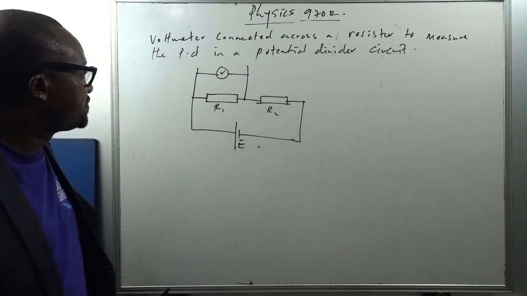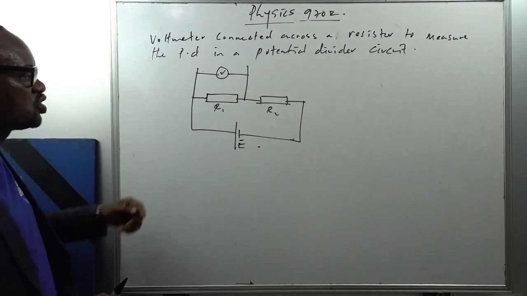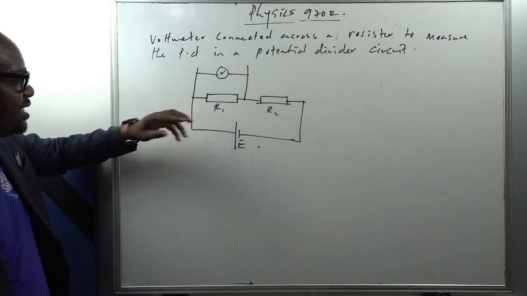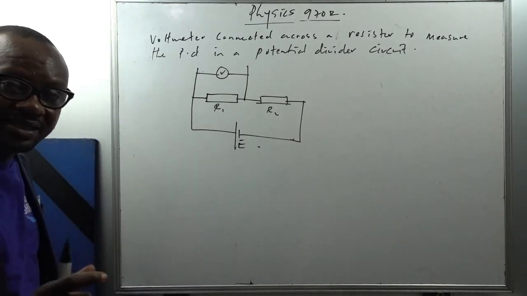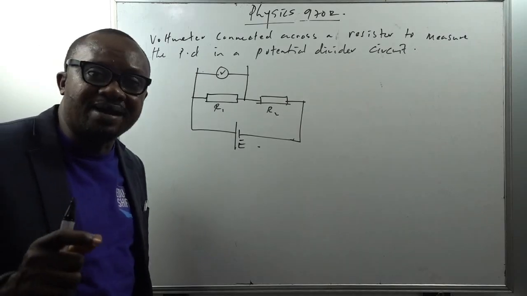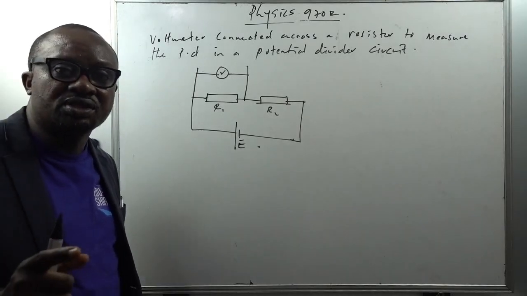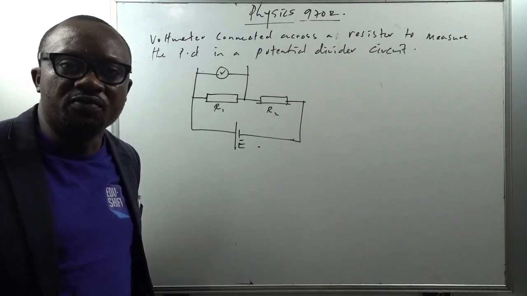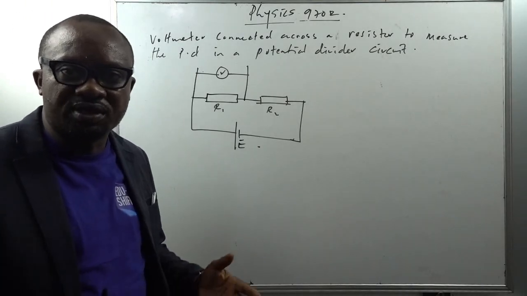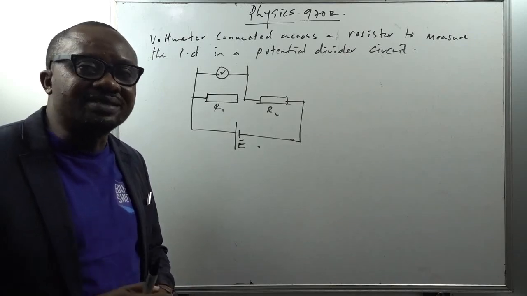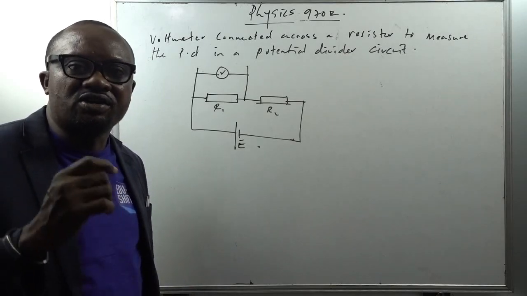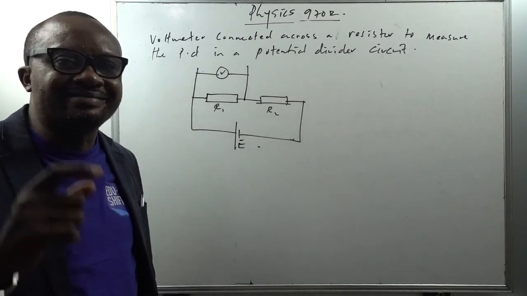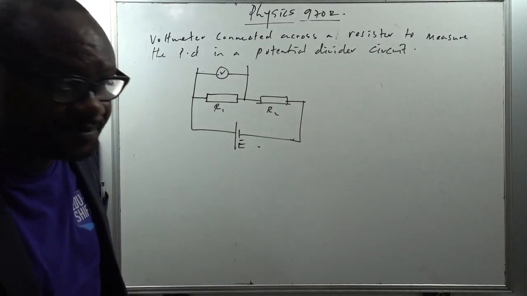Now note this: if a voltmeter is connected across a resistor, the voltmeter reading is equivalent to the PD of the combined resistance across the voltmeter. I repeat that. If a voltmeter is connected across a resistor in a circuit, the voltmeter reading is equivalent to the PD of the combined resistance across the voltmeter.